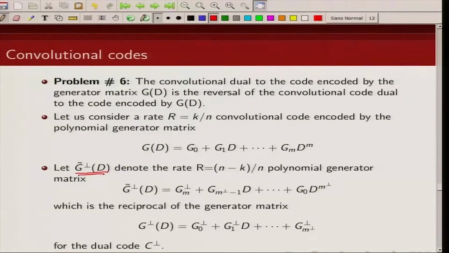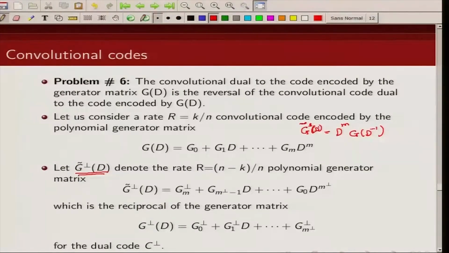Now, how do we come up with a reciprocal? We take G(D^-1) and multiply it by D raised to the maximum degree, which in this case is m. So, this is how we get the reciprocal.